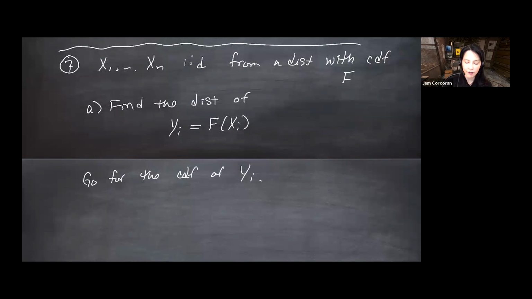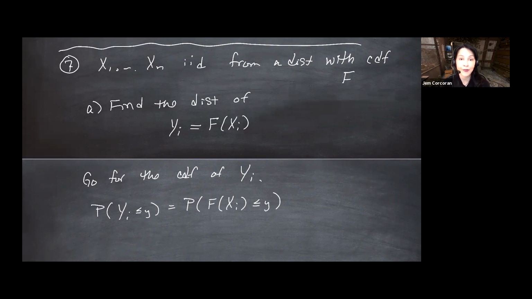And so I would start off by saying the probability that yi is less than or equal to some y is the probability that F of some xi is less than or equal to y. And then the CDF is invertible. Now all CDFs are non-decreasing, which means they're either increasing or they can be flat. But if it's invertible, it can't be flat. So this is strictly increasing.